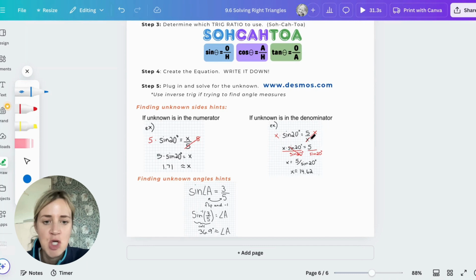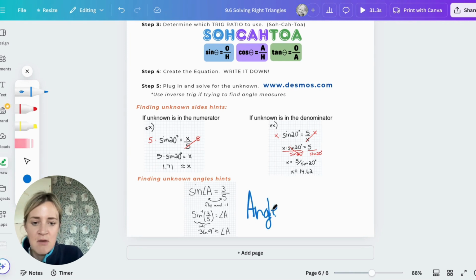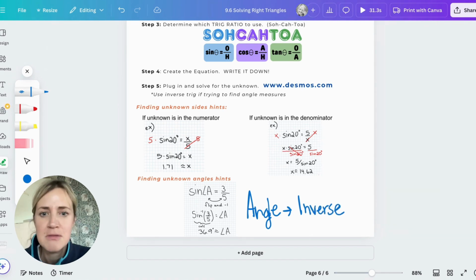If the unknown is in the denominator, if the x is on the bottom, you're going to have to multiply by that x and then divide. And if you are trying to find an angle, if you're ever stuck, remember to use inverse. Angle, inverse, angle, inverse. Use the inverse.